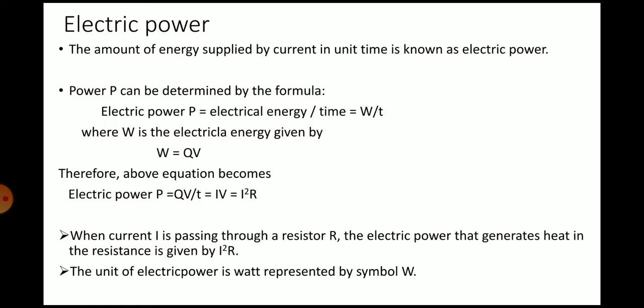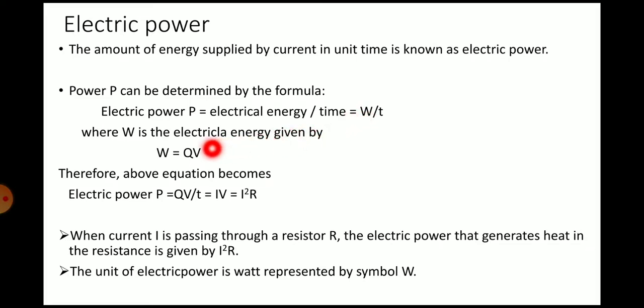Electric power. The amount of energy supplied by current in unit time is known as electric power. Work per unit time is called electric power. Here, power can be determined by the formula: electric power is equal to electrical energy per unit time, work per unit time.